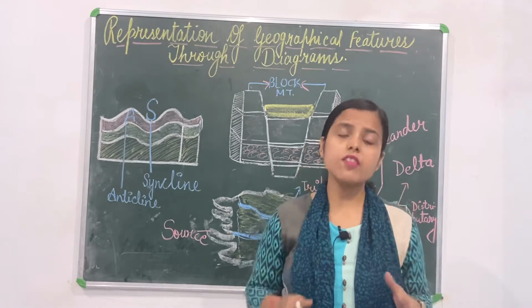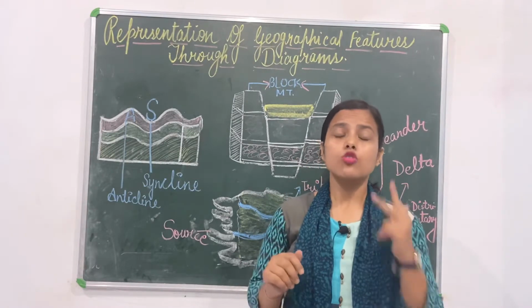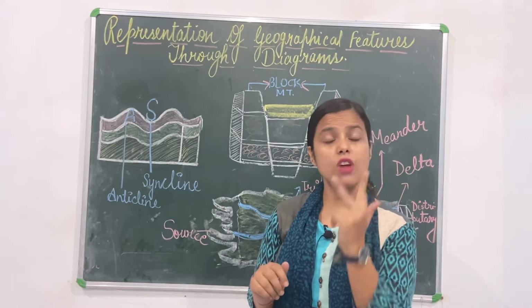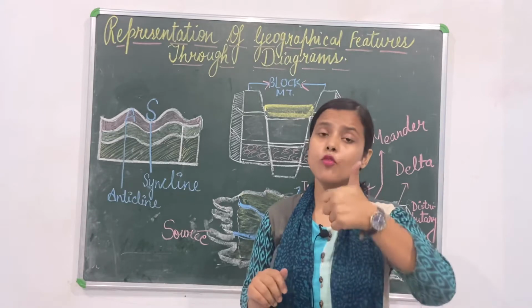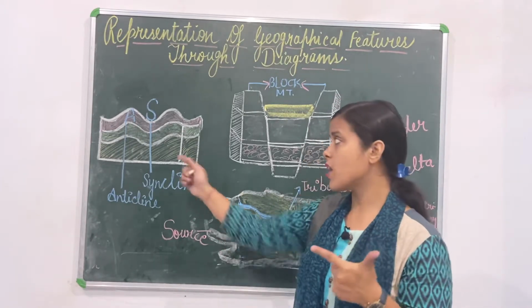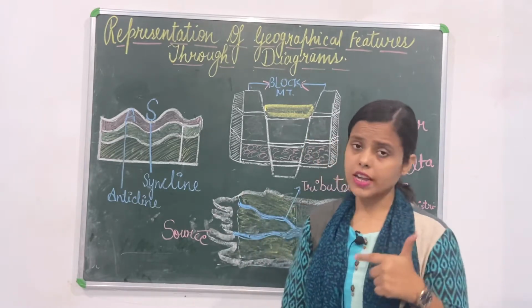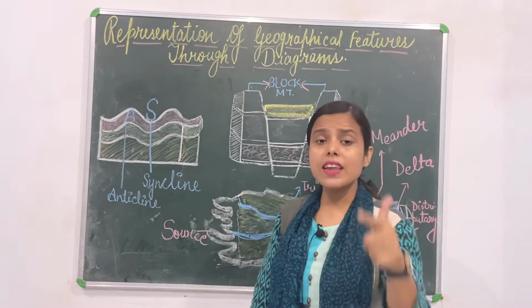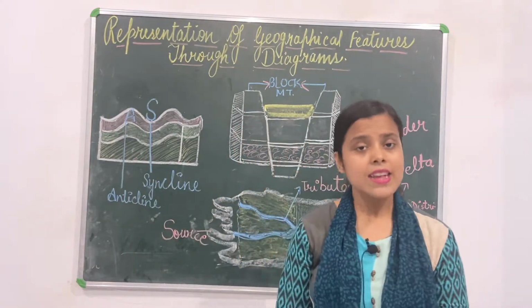And due to this movement inside our earth crust, what happens? Two geological structures are formed, that is folding and faulting. Two terms which are very important to understand: folding and faulting. Folding is the reason behind the formation of anticline and syncline.